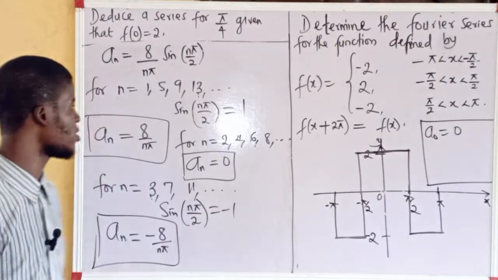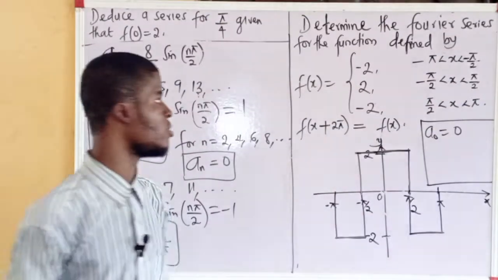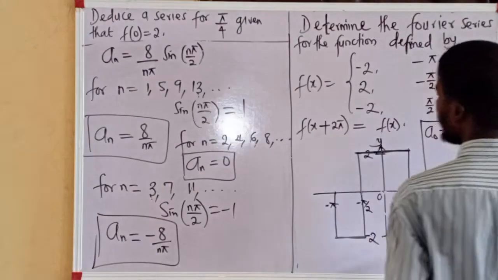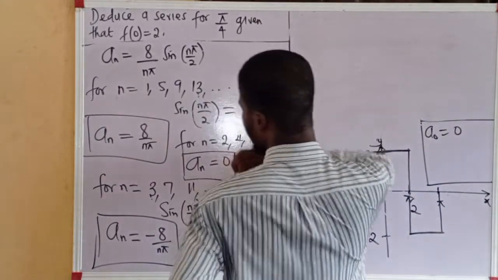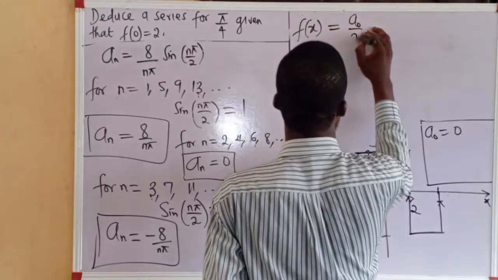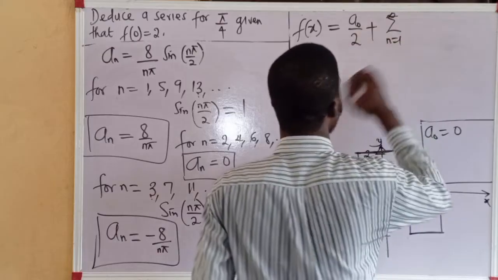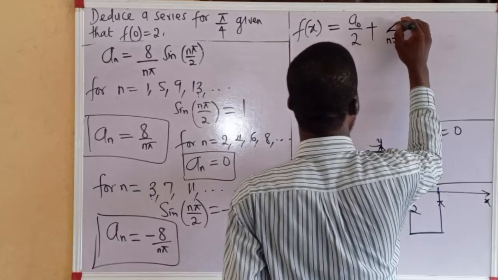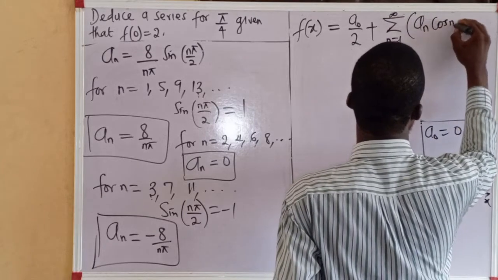Okay, so let's take note of this. Let's keep this aside. Let's now determine the Fourier series. Okay, so I think I can erase this now. So what will be f of x? A naught over 2 plus the summation from n equal to 1 to infinity, okay, of a sub n cos nx.